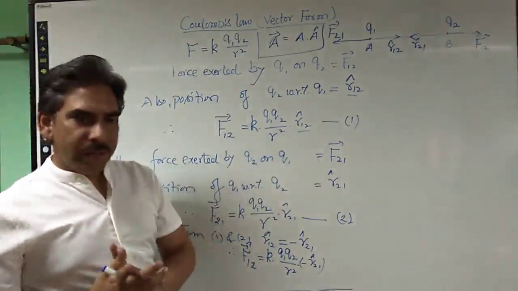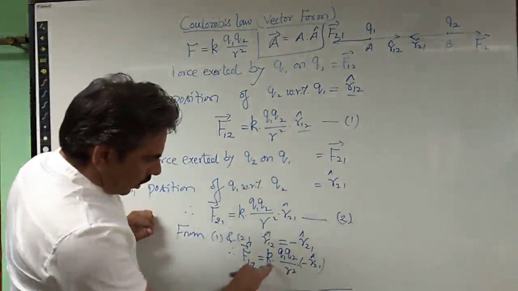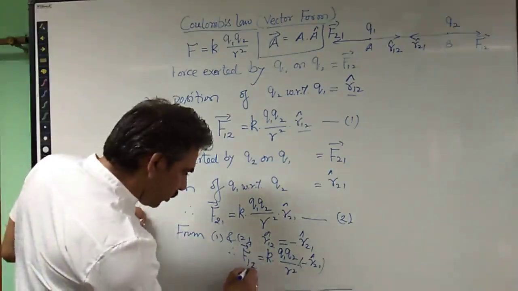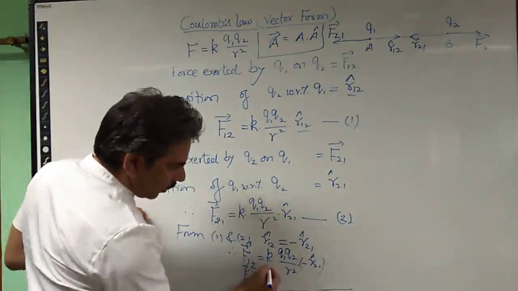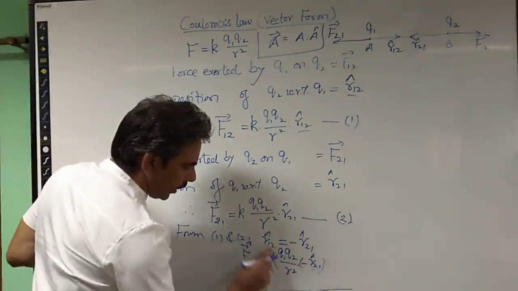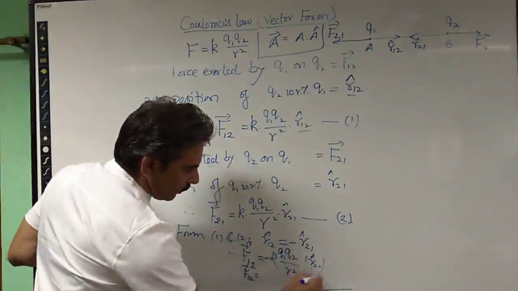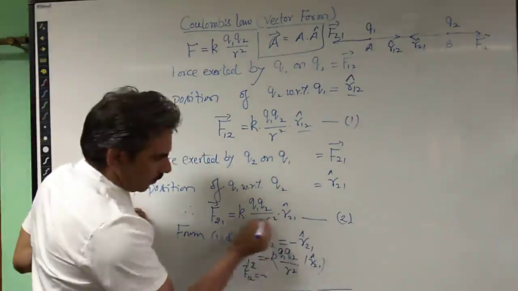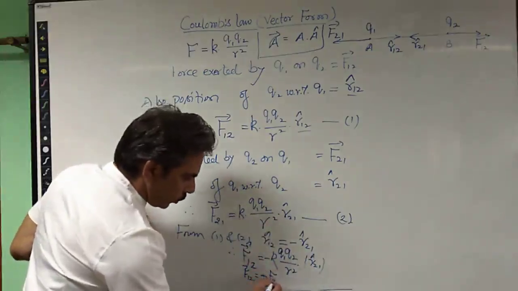That is all we have written, nothing special. This minus sign can be taken out, and from here we come to a very important conclusion that F12 is equal to minus of this. I can write it as K and put the minus sign here. So we are left with the same expression, minus this expression, which is equal to F21.